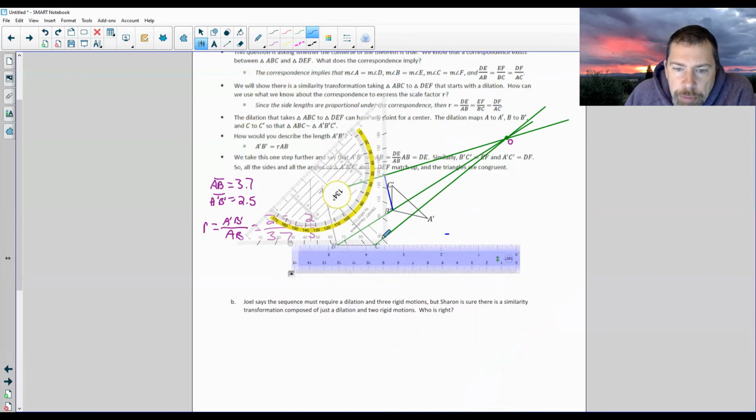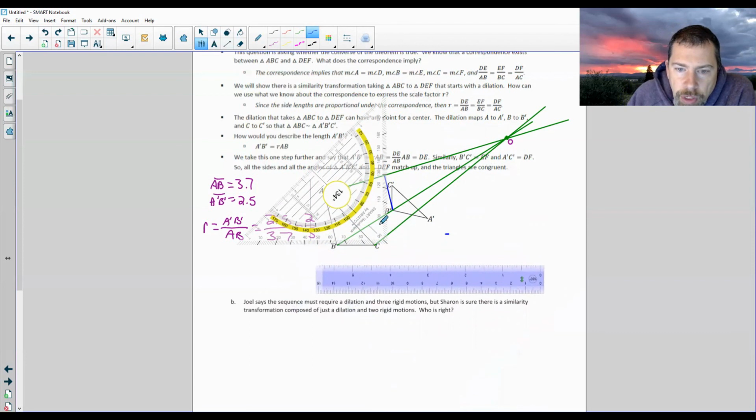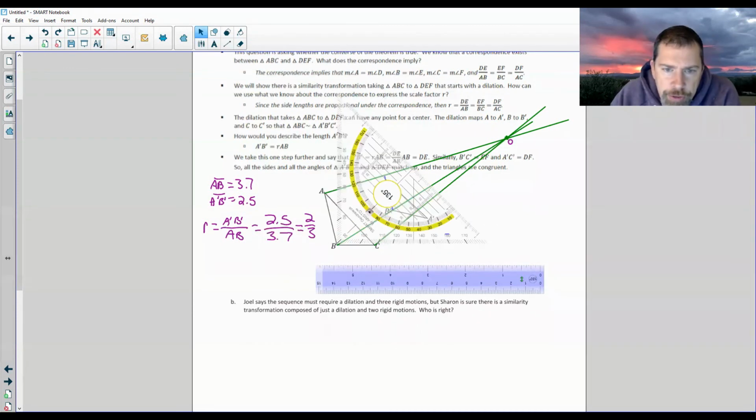All right, so I want to move BC up to B prime, but being parallel to this. So how would we do that? Okay, so here's how you would put the protractor or the square.